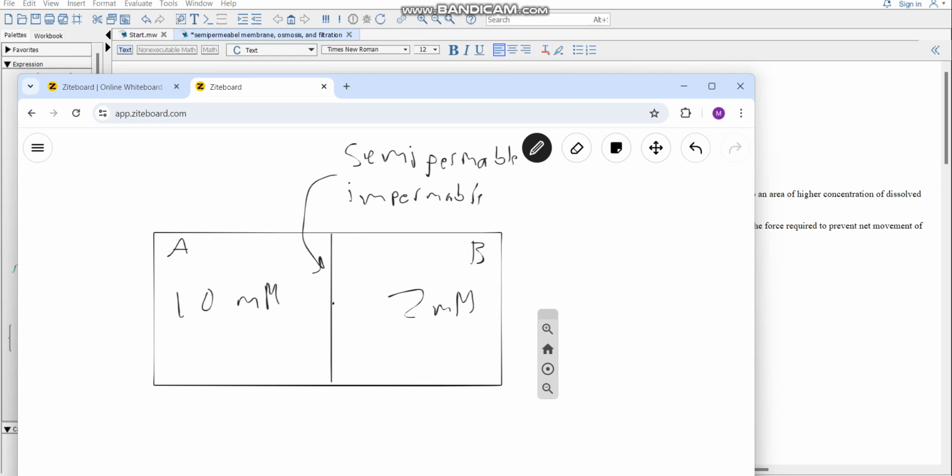So glucose cannot move through and out of this membrane, only water. So because water is less in compartment A here, water will go from high concentration to low concentration. So from compartment B to A. Okay, so this is due to osmosis.